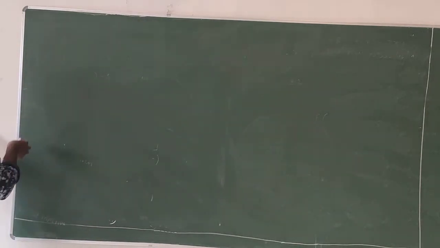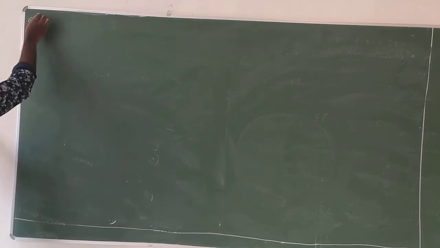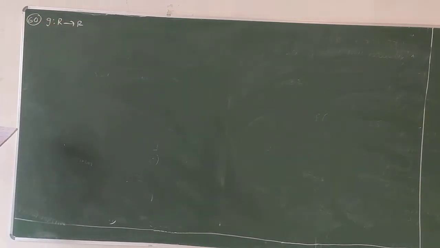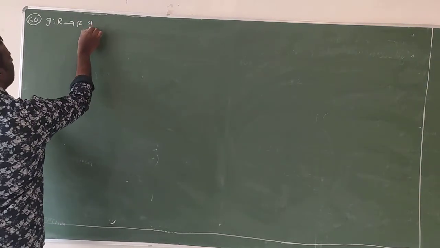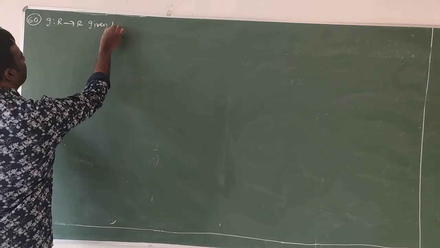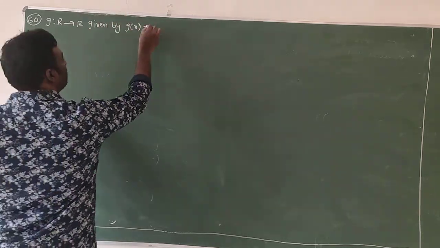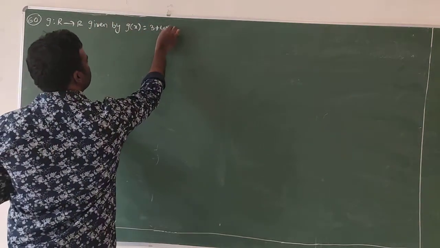Next, question number 60. g maps R to R is a function given by g of x equals 3 plus 4x.